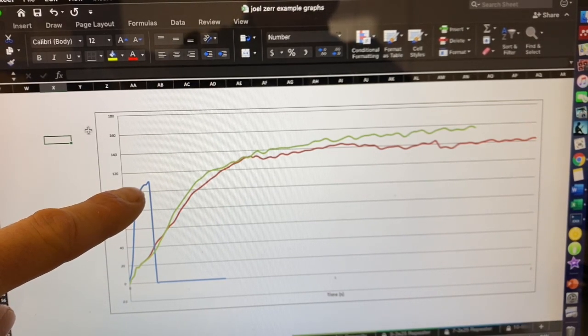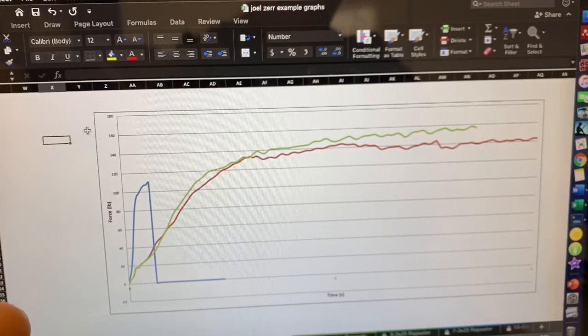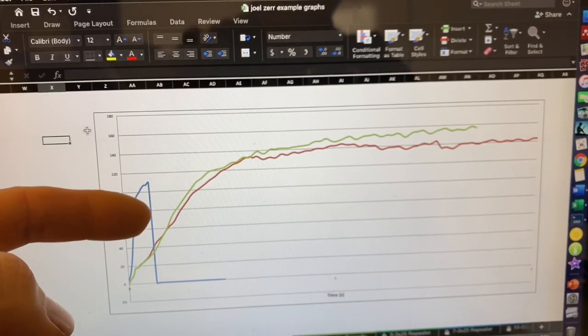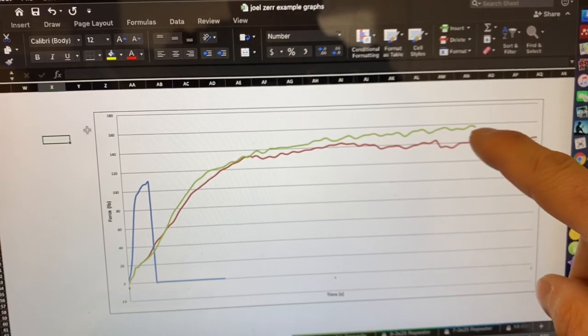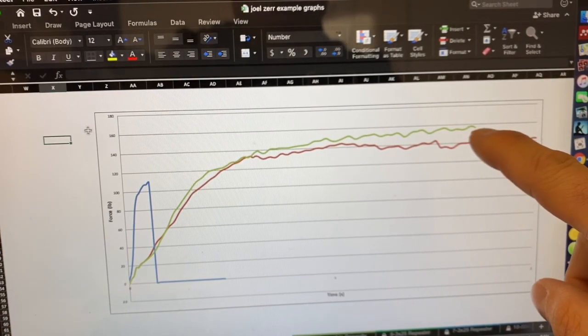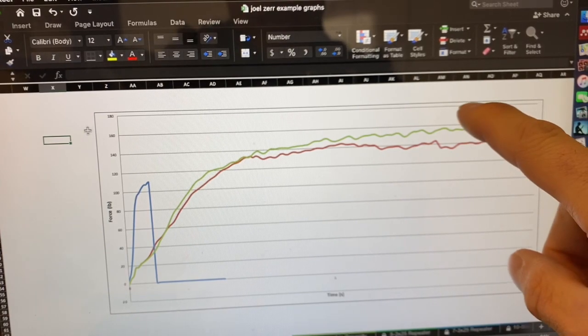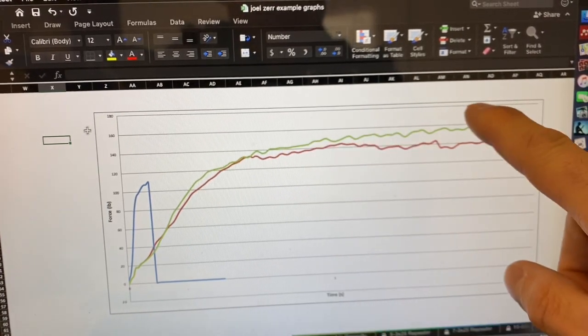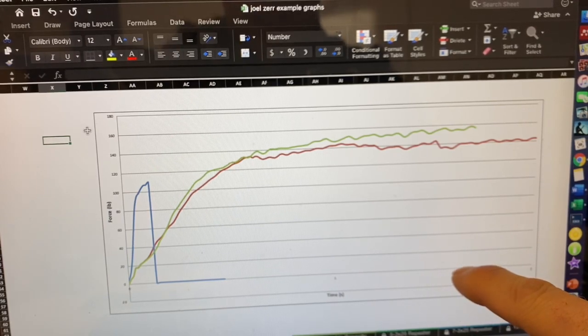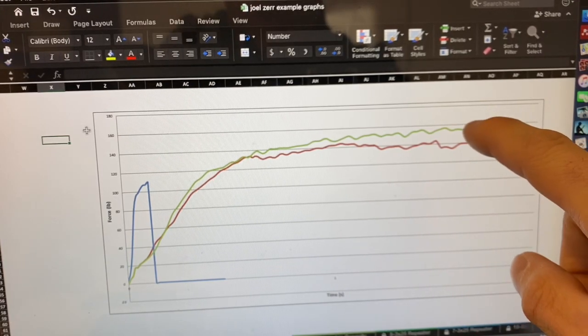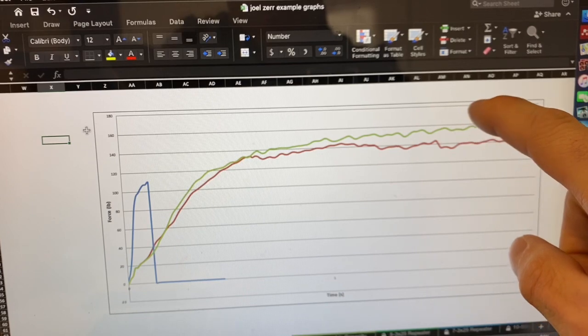We should be producing more force in the same amount of time after a training phase if the focus is rate of force development. Yellow graph right here, if we're interested in ultimate strength and maximum force production, we care about this number getting higher. Time frame is not that big of a deal. Most athletes hit that within 1.5 seconds, at least I've seen on the fingers, but we're not really worried about the time. I want the number to be greater.